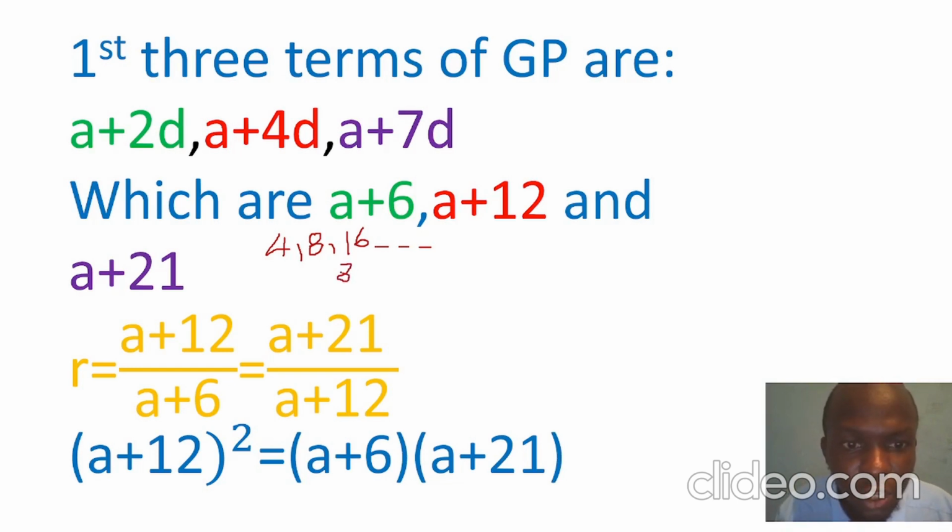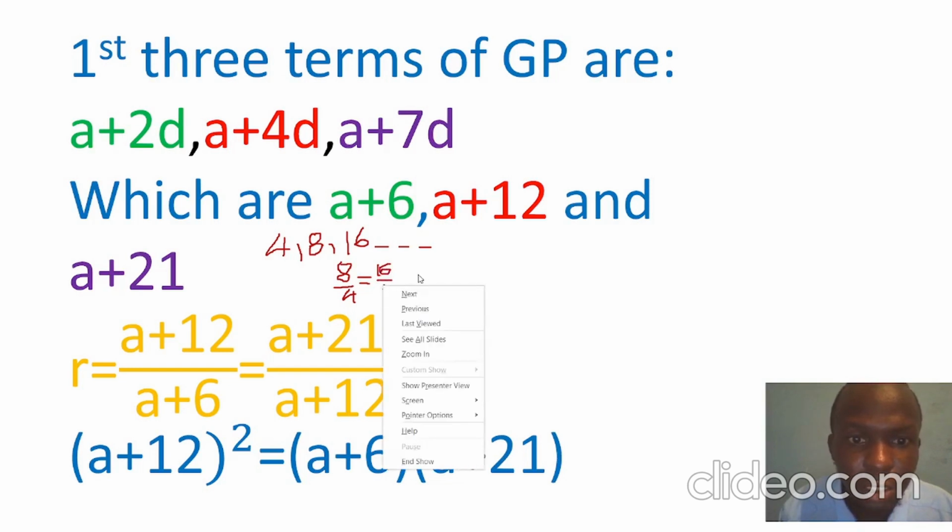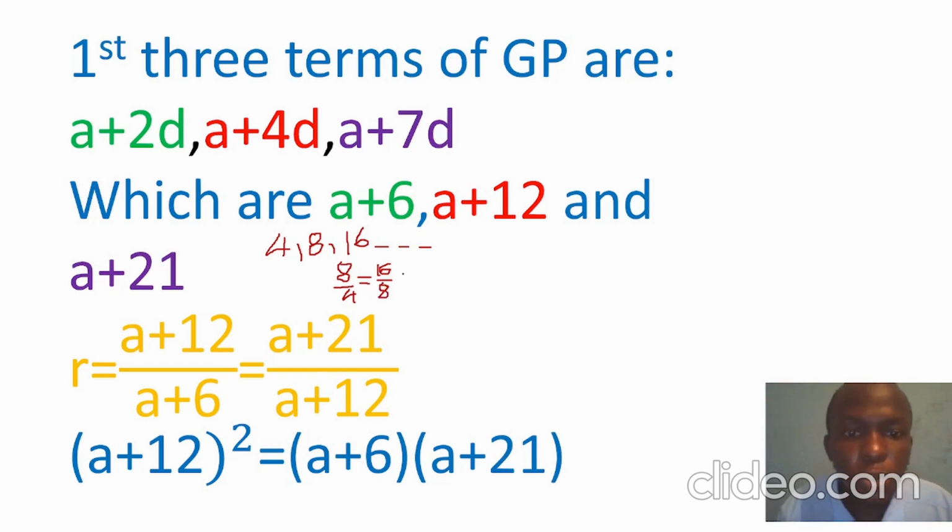How do we get the common ratio? The common ratio is given by 8 divided by 4, which is also equal to 16 divided by 8. So 8 divided by 4 is equal to 16 divided by 8.